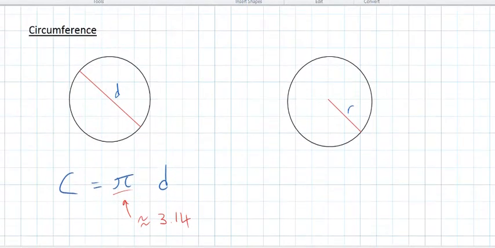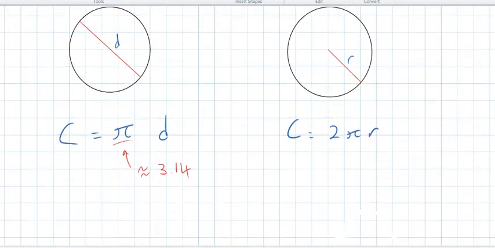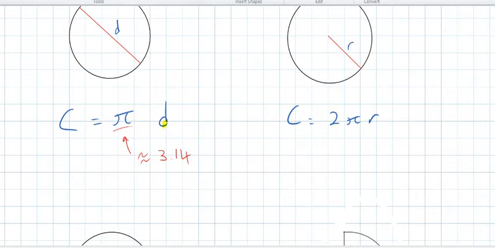Similarly, if you want to find the circumference of a circle and you're only given the radius, the equation's very, very similar. The circumference is equal to 2 lots of pi times the radius. What this is essentially saying is that diameter is the same as 2r, 2 lots of the radius.